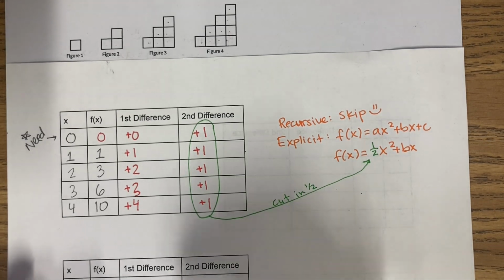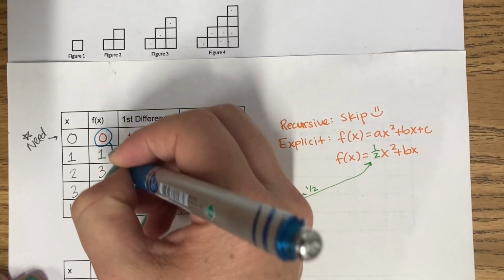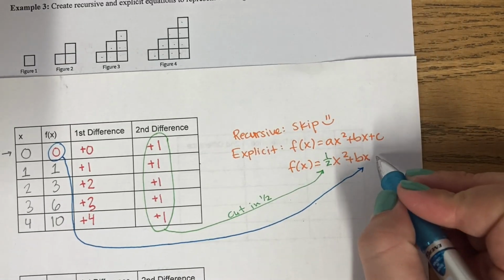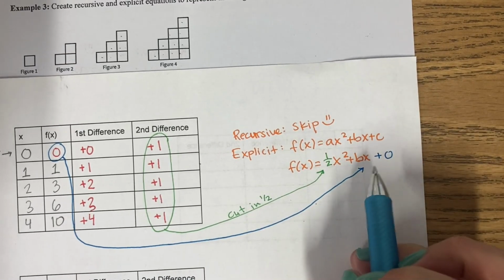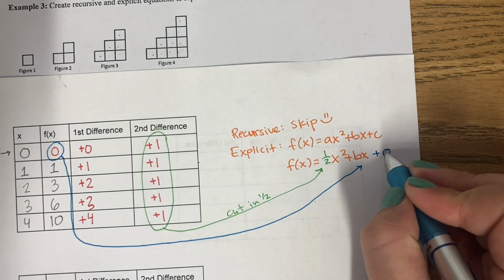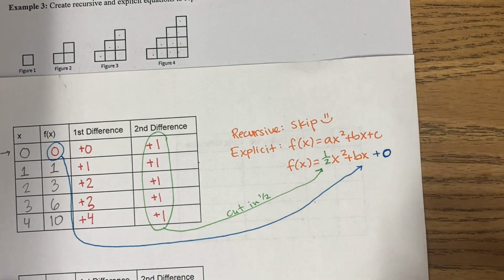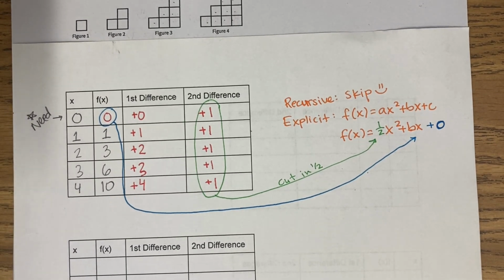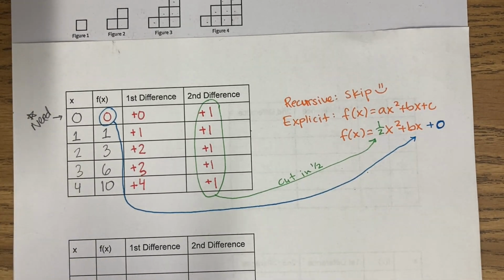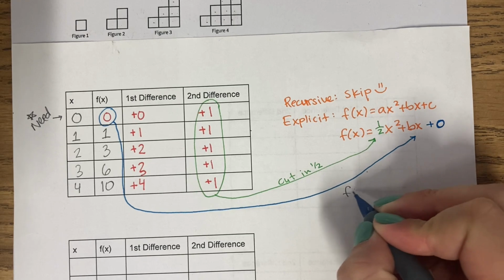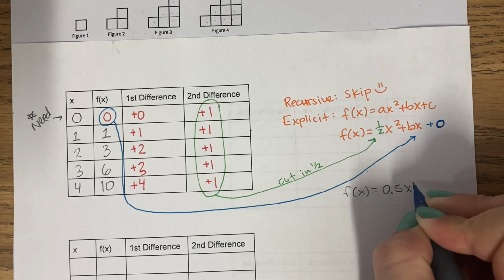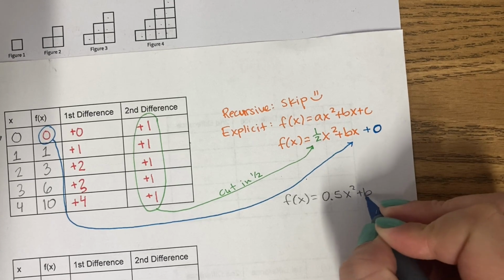Then I need my y-intercept. Y-intercept is a 0, so I can put plus 0, or I can leave it off because it's not really going to do anything. And there is our function. And if you do not like fractions, remember it's totally fine to write it as a decimal.